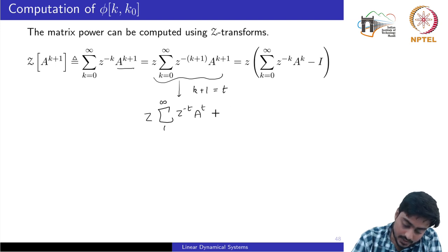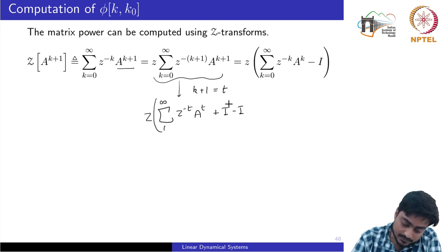Now here I need to include t is equal to 0. Let's say the value of this summation at t is equal to 0. The value of this at t is equal to 0 would be what? Identity. So I add plus I and subtract I, the identity matrix of appropriate dimension.